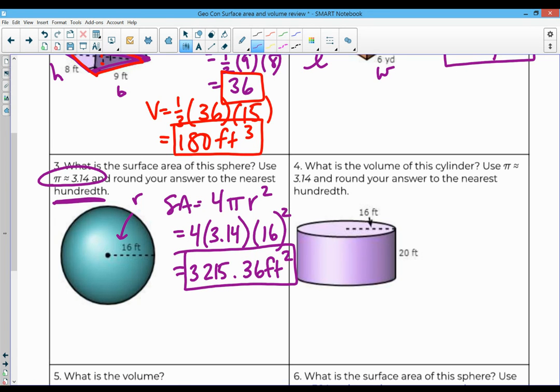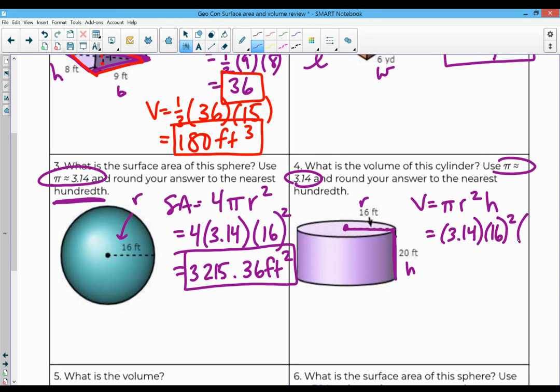Next one, what is the volume of this cylinder? Again, we're still using 3.14 when we have anything circular. So this is pi r squared h. Our height will be right here, straight up and down, and our radius is coming out from the center to the end. Now we'll substitute those values in. That's 3.14 for pi, 16 squared for the radius, and 20 for the height.